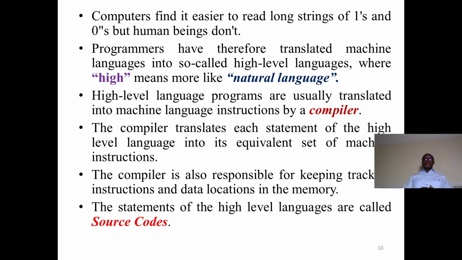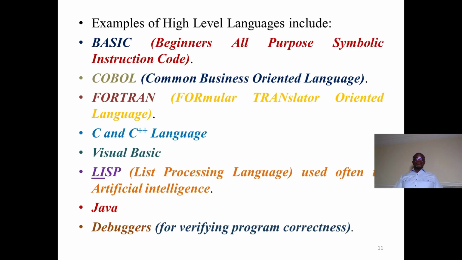High-level language programs are usually translated into machine language instructions by a compiler. The compiler translates each statement of the high-level language into its equivalent set of machine instructions. The compiler is also responsible for keeping track of instructions and data locations in the memory. The statements of the high-level languages are called source codes.